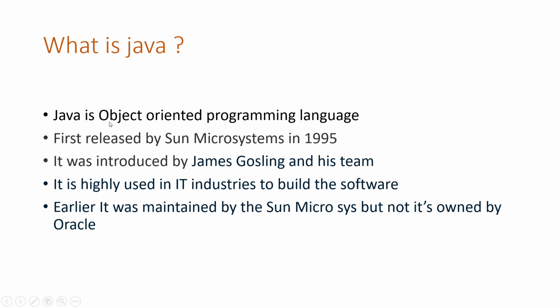It was first released by Sun Microsystems, a group of developers active at that time. It was introduced in 1995, and the lead developer was James Gosling, and his fellow colleagues were also part of developing the Java language.